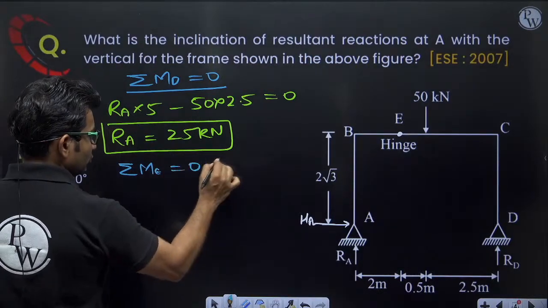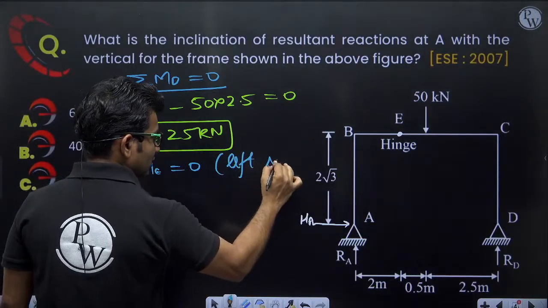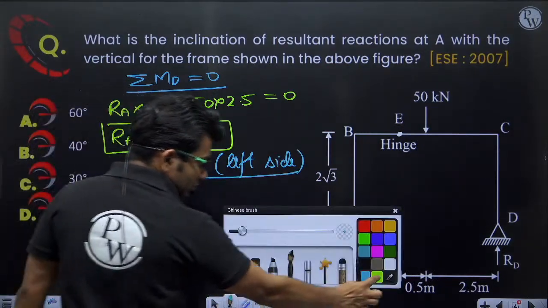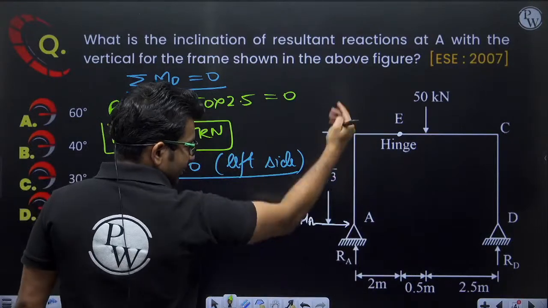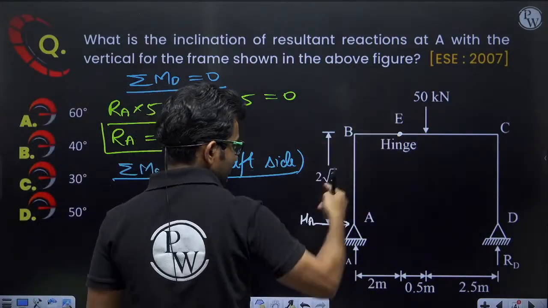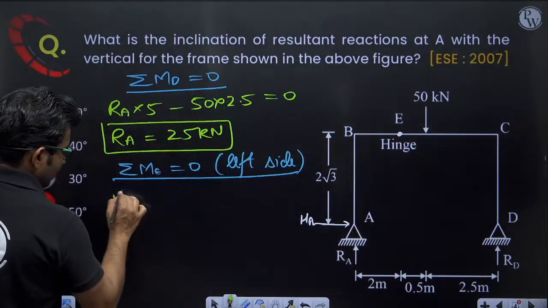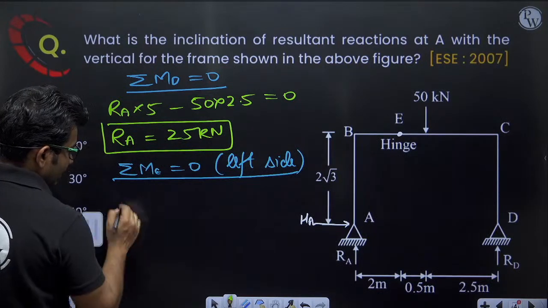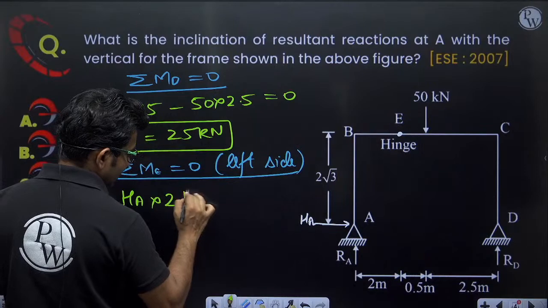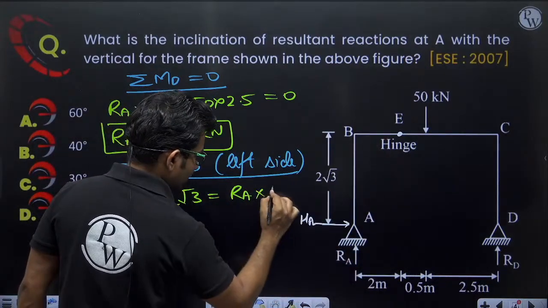RA into 2, clockwise, minus HA into the perpendicular distance, which is 2 root 3. So HA into 2 root 3 will be equal to RA into 2.